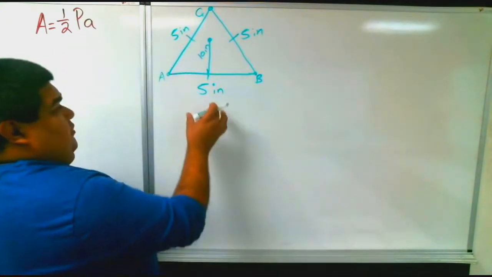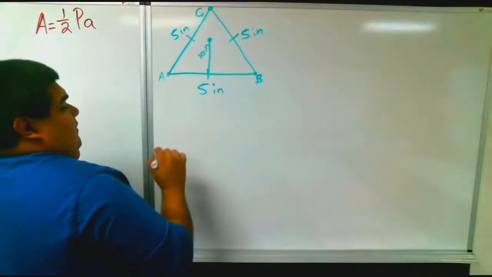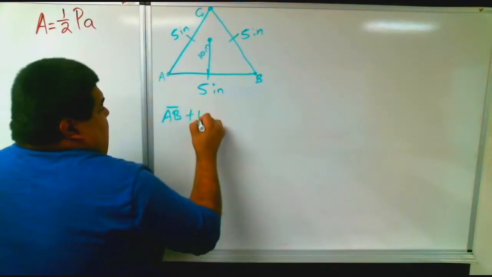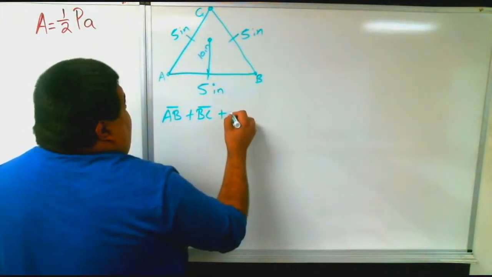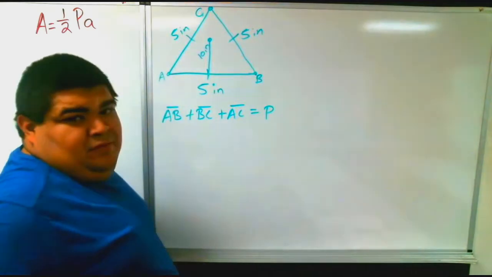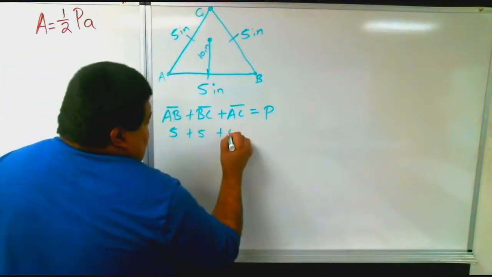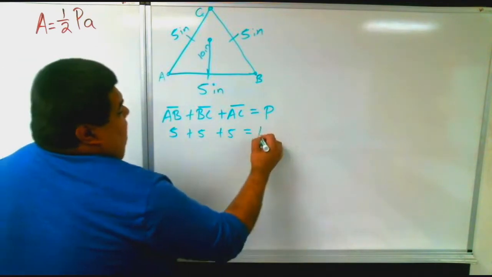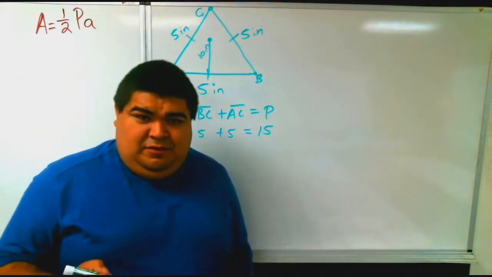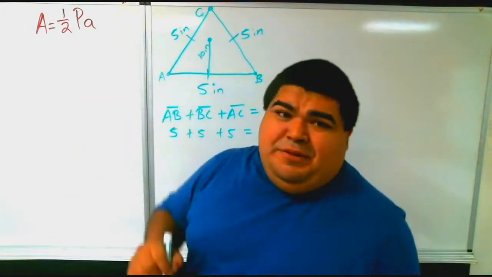So the perimeter is you would add 5 plus 5 plus 5. So if we say AB plus BC plus AC equals our perimeter, therefore 5 plus 5 plus 5 equals 15. So our perimeter is 15. So we found our P on our equation.